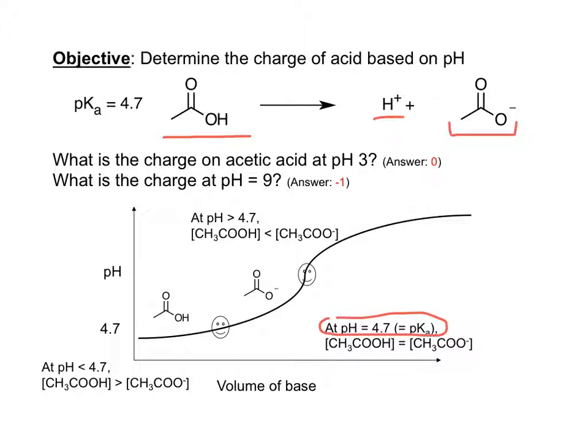So the charge at pH 4.7 will be half 0 and half minus 1. As the pH continues to increase, the solution will contain almost all acetate ions, and the charge on the solution will be minus 1. So the charge on acetic acid at pH 3 is going to be 0, and at pH 9, the charge is going to be minus 1.